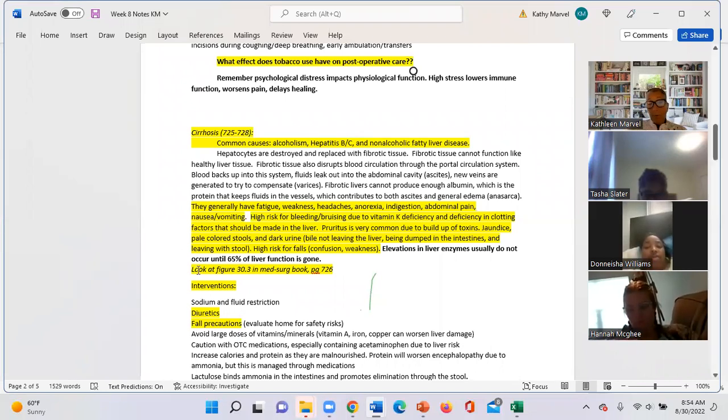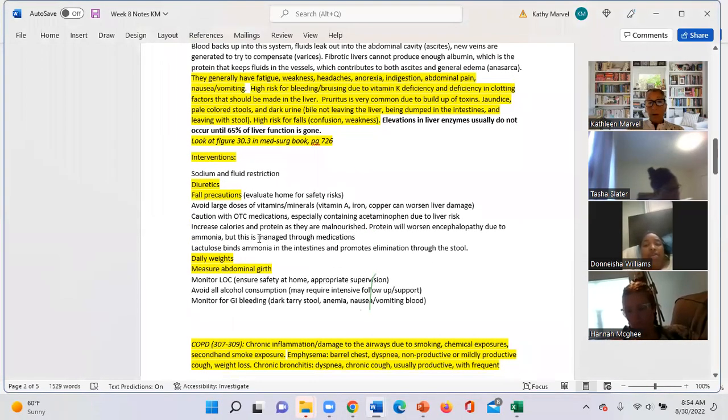And here we have, look at figure 30.3 in your med surg book, page 726. Okay, that's right in the middle of your reading. What are your interventions for cirrhosis? Here they are. That's why you had the diuretic question in the pretest. Certainly follow precautions. And here was the other question, right?